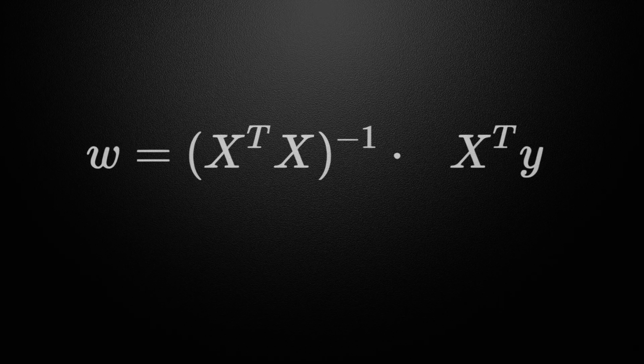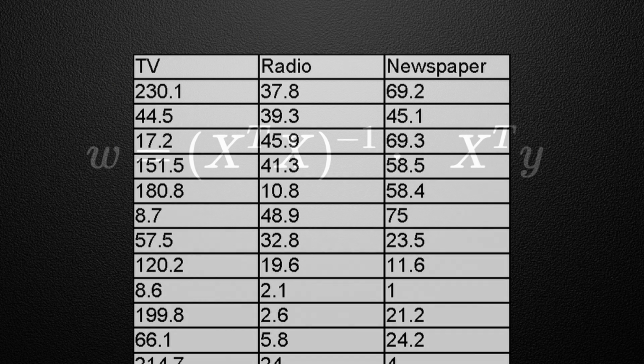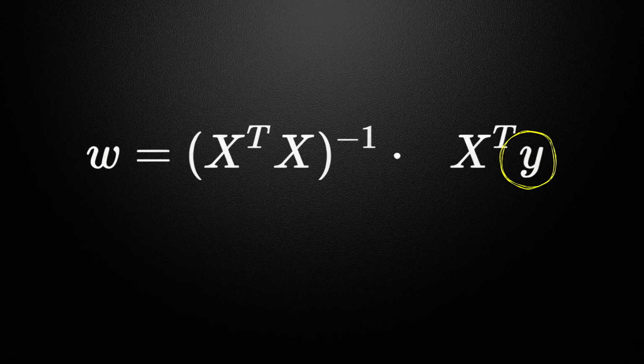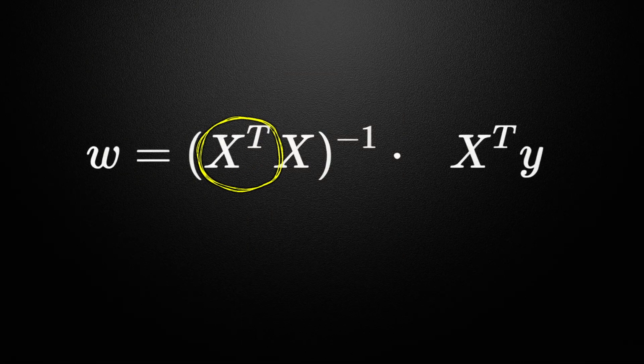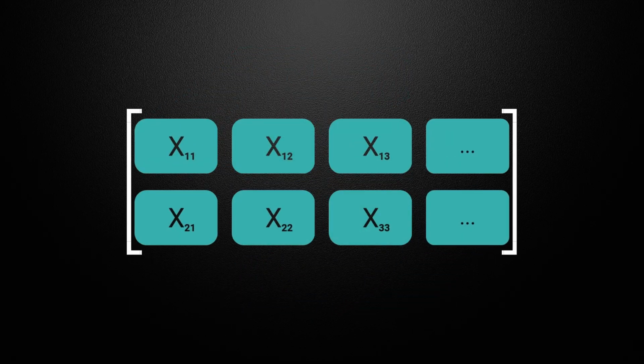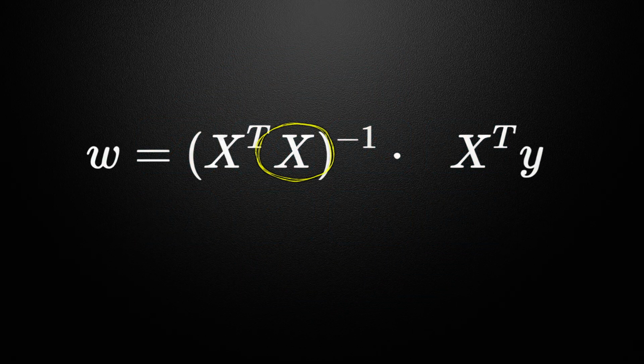If you're comfortable with linear algebra, this is how it looks, where this term is your data matrix X and y represents the vector of sales. And what you're seeing here is the transpose of X being multiplied with X. If that felt like jargon soup, don't worry.